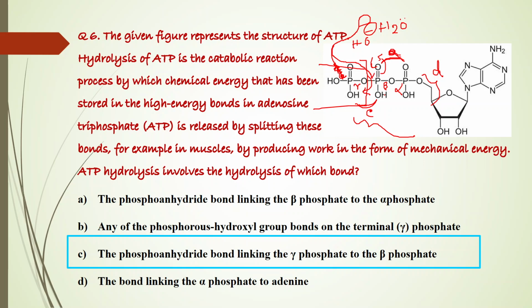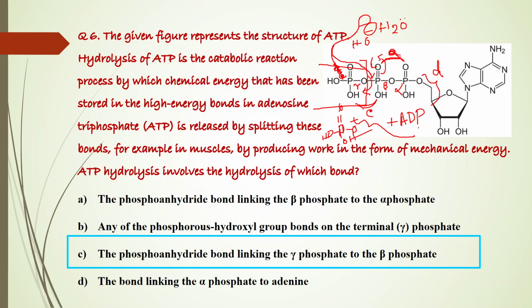And again, after you have the hydrolysis at this position, you are left with one phosphate group with O minus, OH, OH. Another part is your ADP. One phosphate group has left, so now you have your adenosine diphosphate.